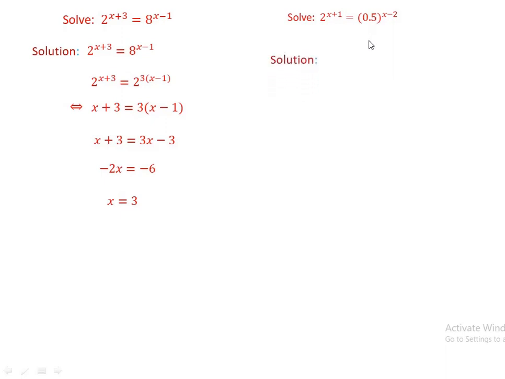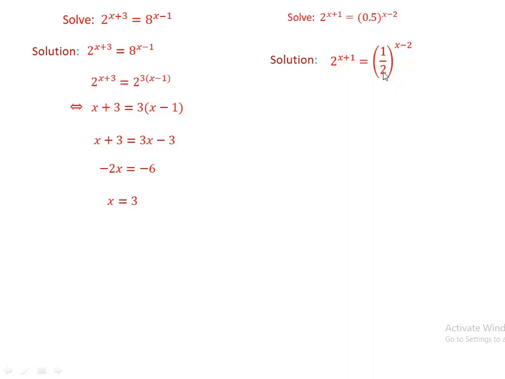Since the domain of this is also the real numbers, we express this, since 0.5 means 1 over 2, as 2 to the power of x plus 1 is equal to 1 over 2 to the power of x minus 2, because 0.5 is equal to 1 over 2.